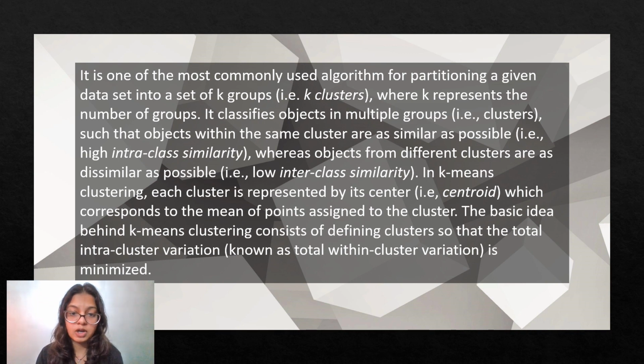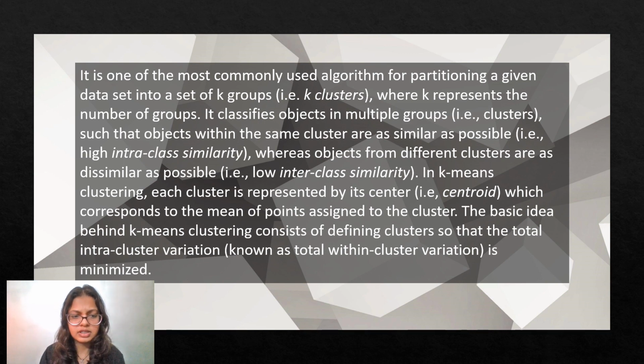It classifies objects into multiple groups, that is, clusters, such that objects within the same cluster are as similar as possible, that is, high intra-class similarity, whereas objects from different clusters are as dissimilar as possible, that is, low inter-class similarity.